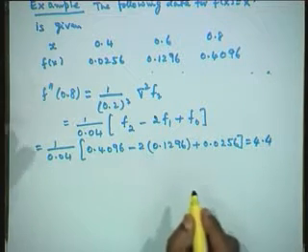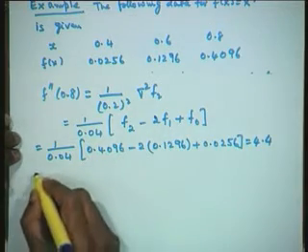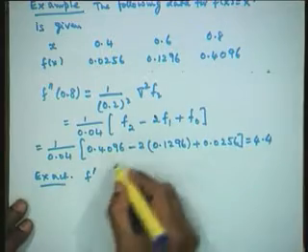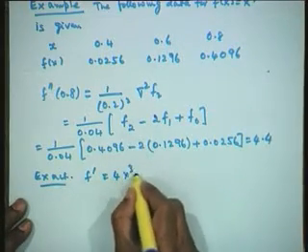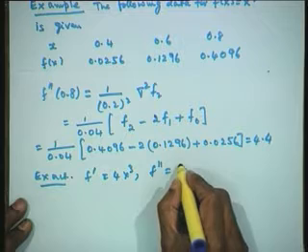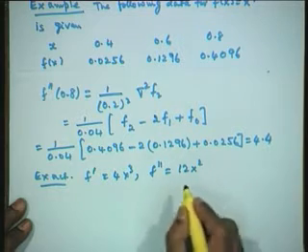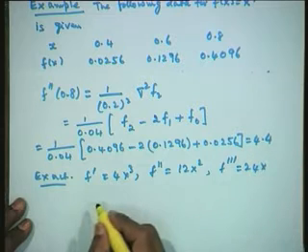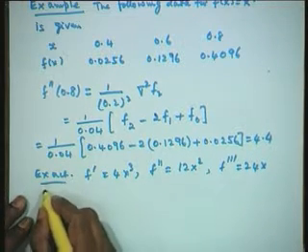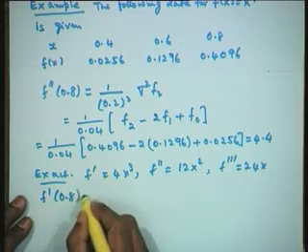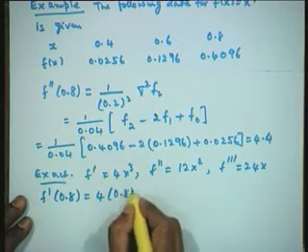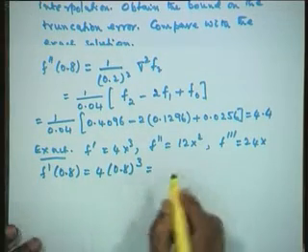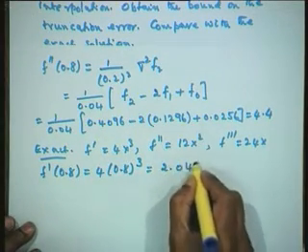Now, let us first of all see what is the error by using the exact solution. The exact solution is, let us differentiate it, f dash is 4 x cubed, and the second derivative f double dash is 12 x squared, and for the error also, let us write down the third derivative, that is equal to 24 x. Therefore, the exact solution f dash at 0.8 is 4 times 0.8 whole cubed, that is 2.048.